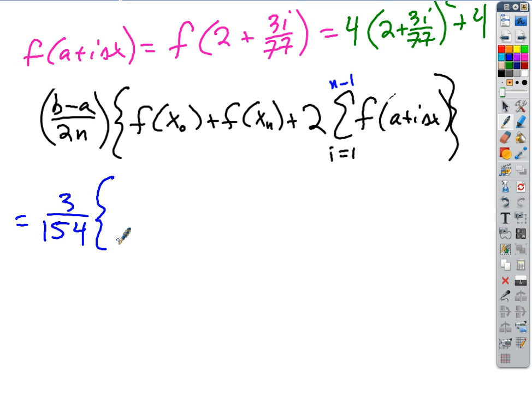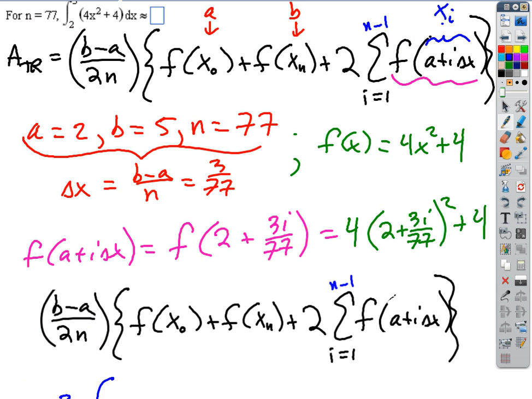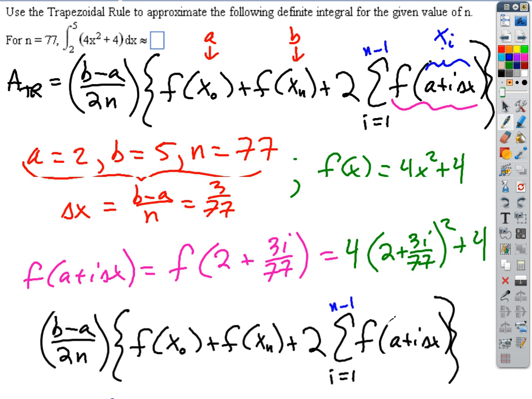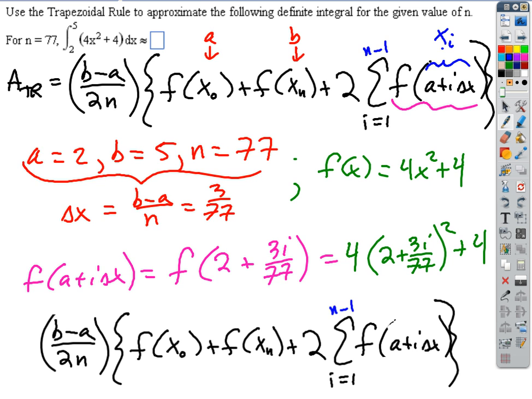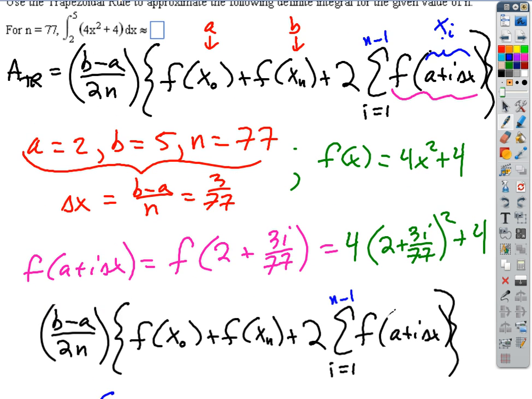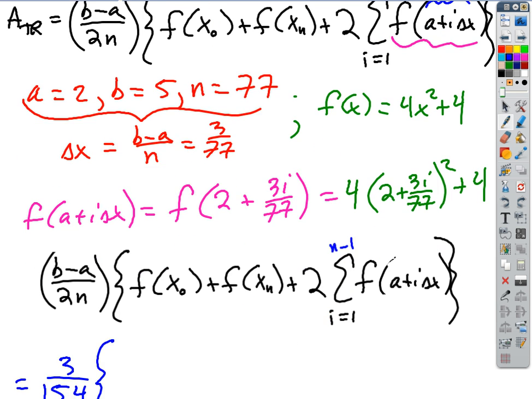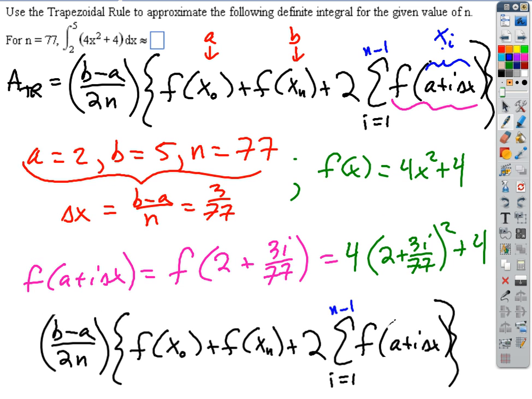Okay, so times f of 2, right? X of 0 is just a, which is 2. So what is our function evaluated at? What's f of 2? 4 times 2 squared, which is 16, plus 4 is 20.